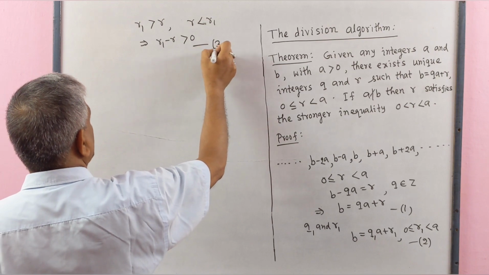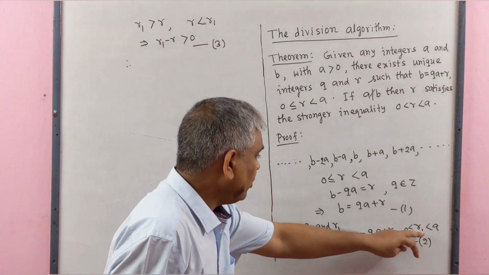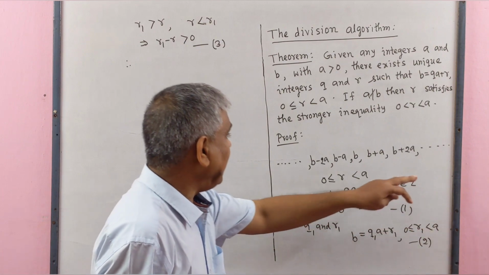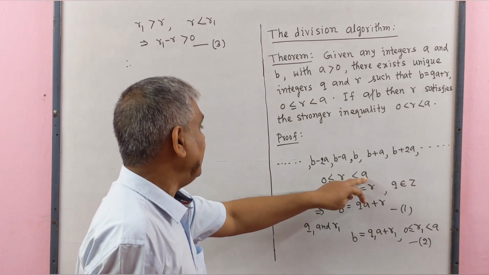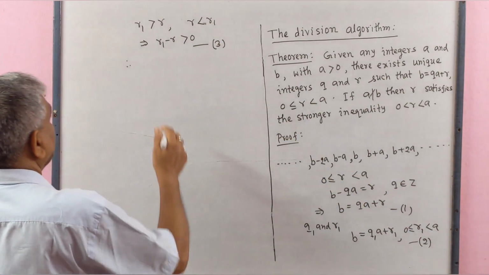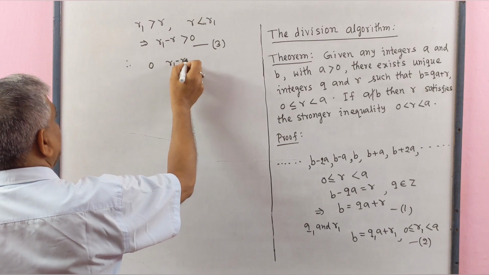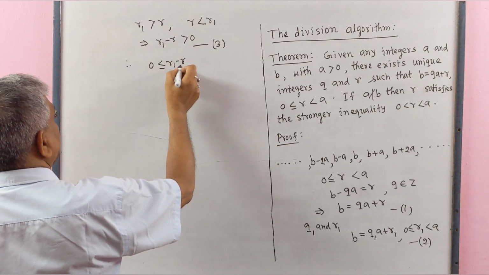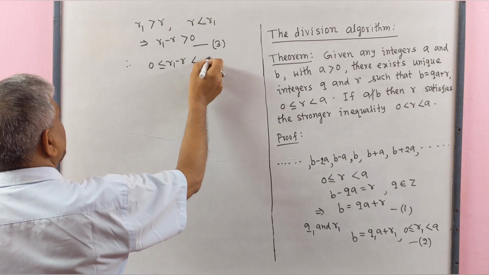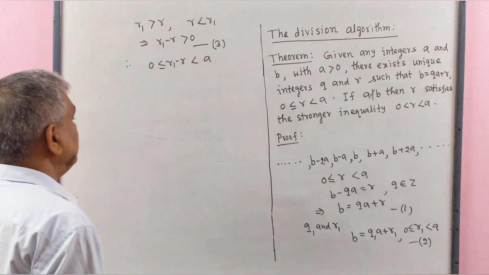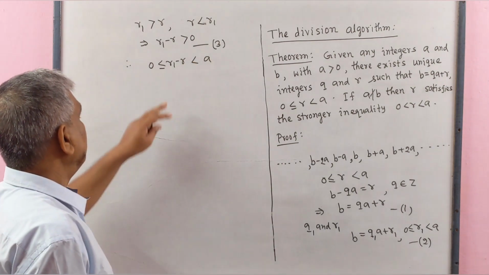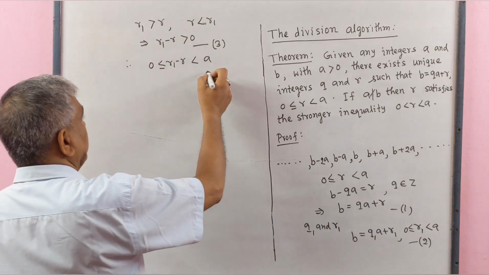Let this be number 3. Since r1 is less than A and r is less than A, r1 minus r is greater than or equal to 0 and less than A. This is number 4.